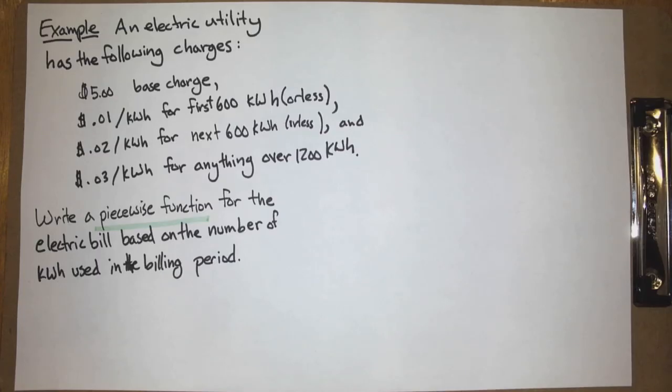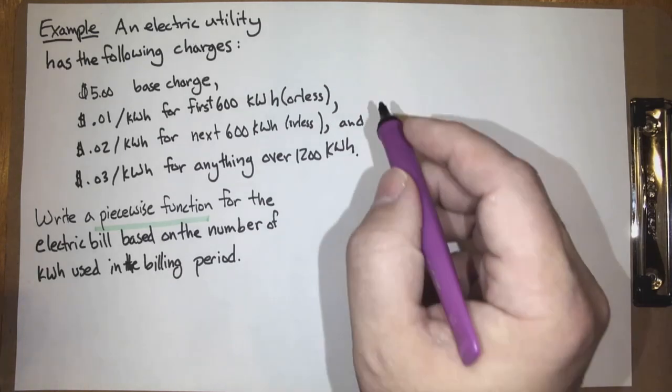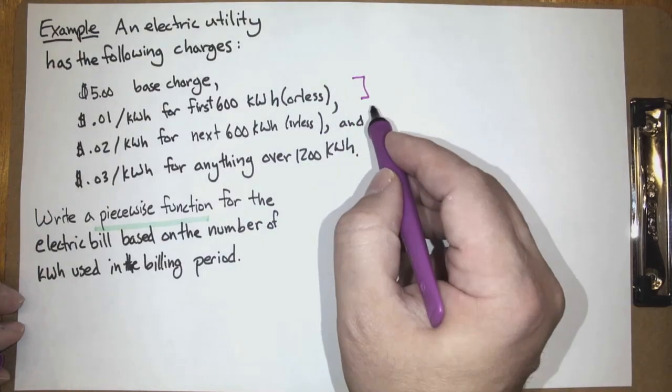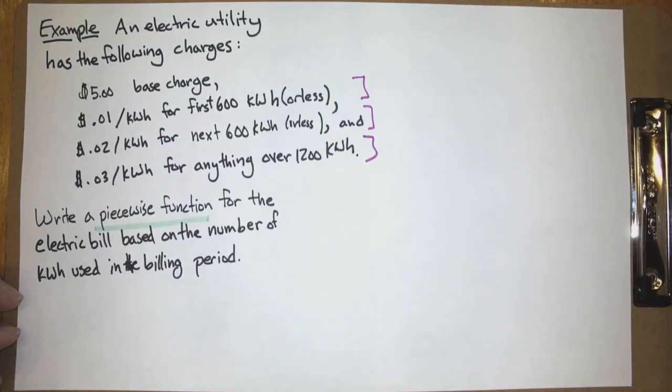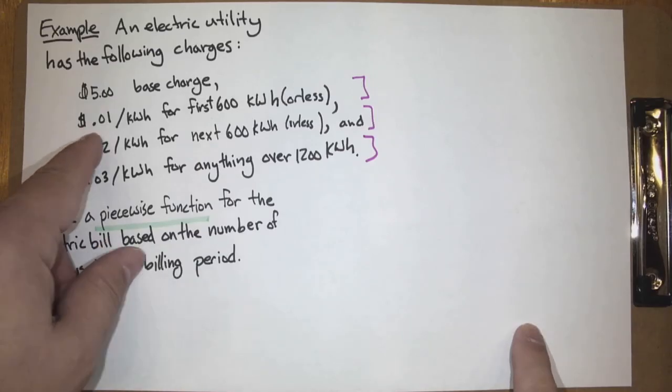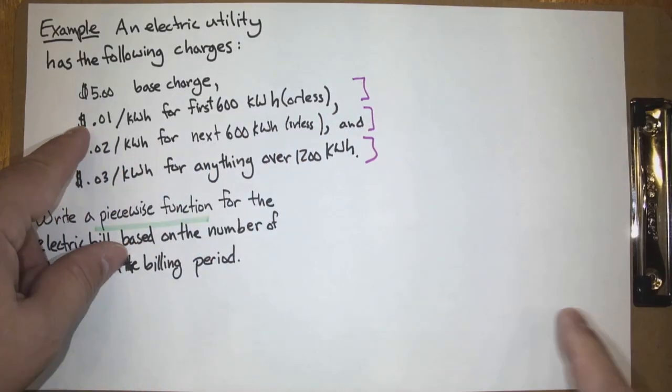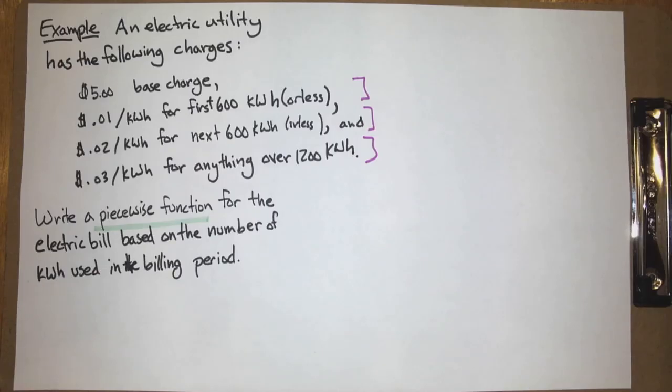So for us, there seem to be 3 natural candidates. These 3 right here. And they deal with how much energy gets used. So for the first part, what's the range of kilowatt hours that we're going to be interested in?